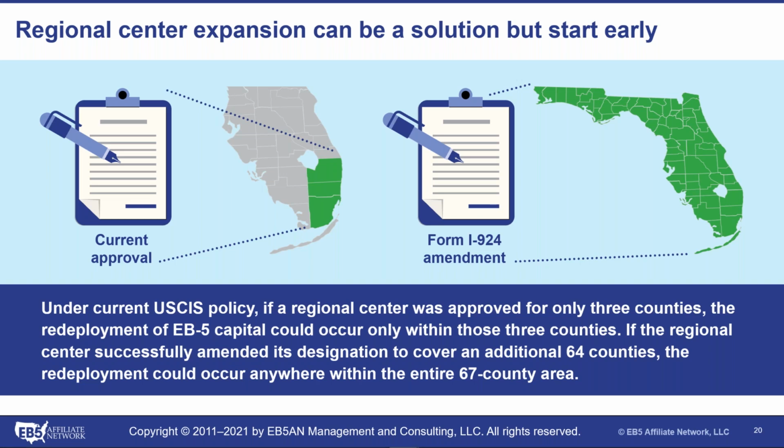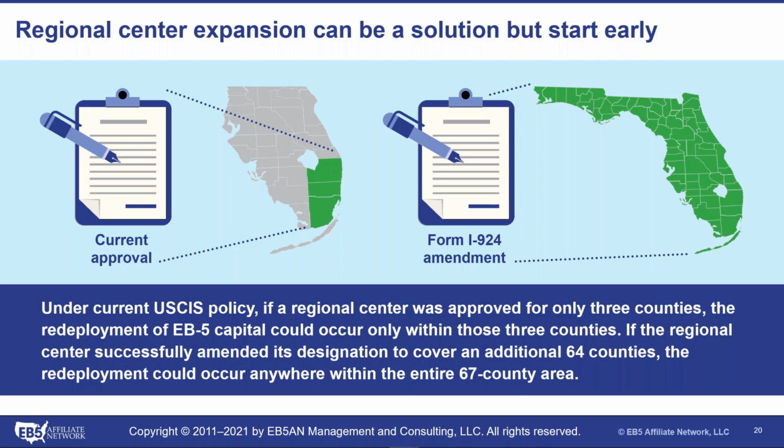And so it may be very well worth it to expand the geographic area of your regional center, file the Form I-924 amendment, and increase from just a few counties in Florida to half the state or the entire state, so that when you do have to redeploy, you could redeploy essentially into any project in the whole state instead of just those few select counties.